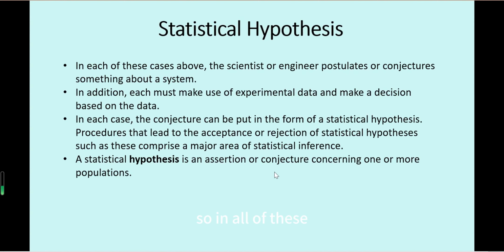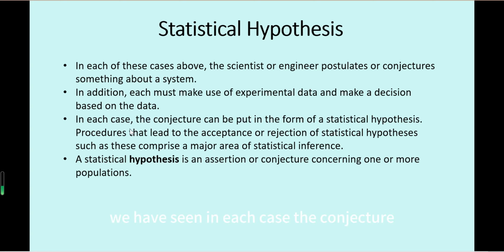So in all of these examples, the scientist or engineer postulates or conjectures something about a system. In addition, each must make use of experimental data and make a decision based on the data.